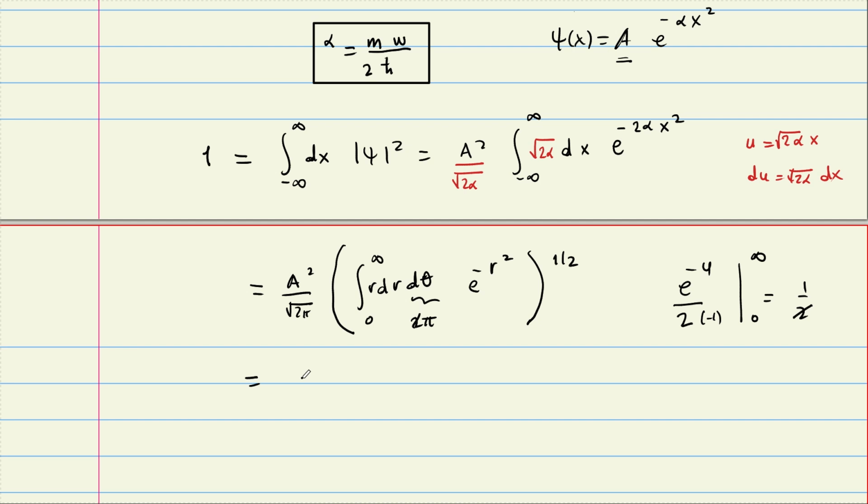So the result of this integral is going to be a squared root pi over root 2 alpha. Then if you write the expression for alpha, you are going to find a equals m omega divided by pi h bar to the 1/4. Here's your normalization.